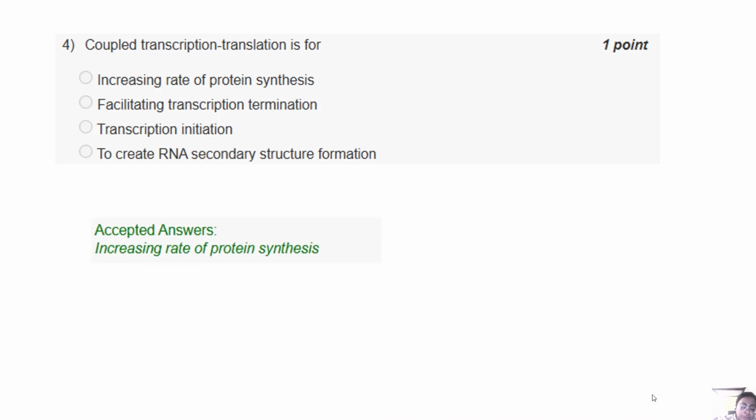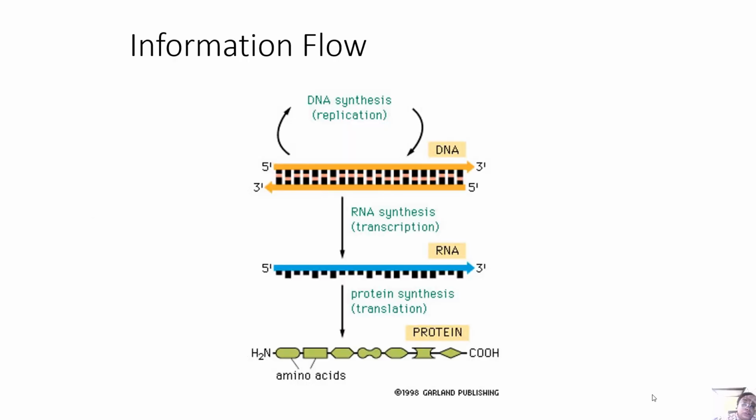Okay, so the answer for this question will be increasing rate of protein synthesis, right? We know about the central dogma, the information flow: DNA replicates and we get another copy of DNA.